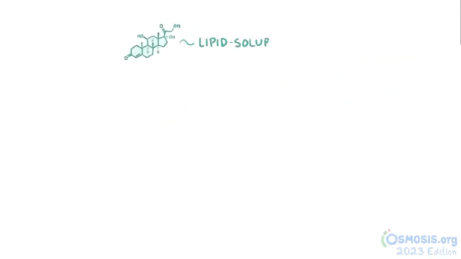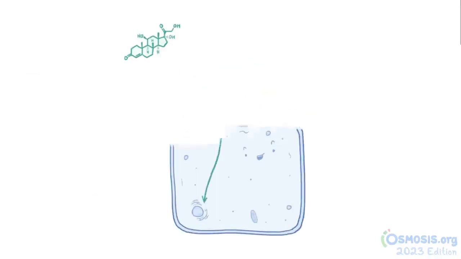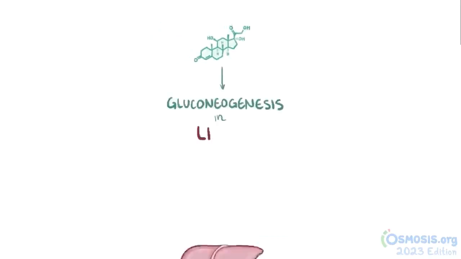Cortisol is a lipid-soluble molecule, meaning it can mingle with fats, which allows it to easily pass through the plasma membrane of cells and bind to the receptors inside. In fact, almost every cell in the body has cortisol receptors, so it affects a huge variety of functions in the body. One of cortisol's main jobs, though, is to increase blood glucose levels by promoting gluconeogenesis in the liver.